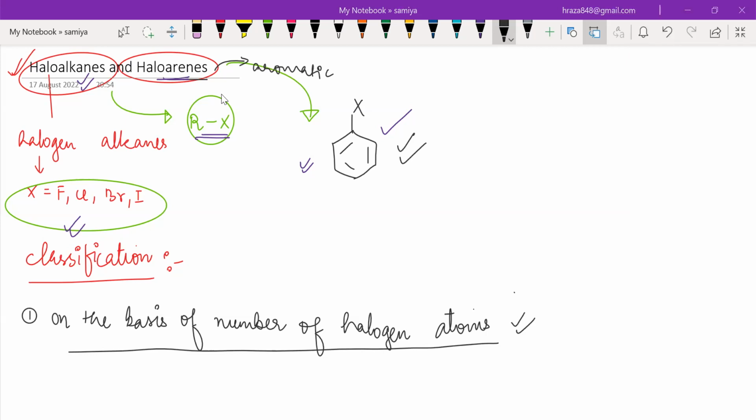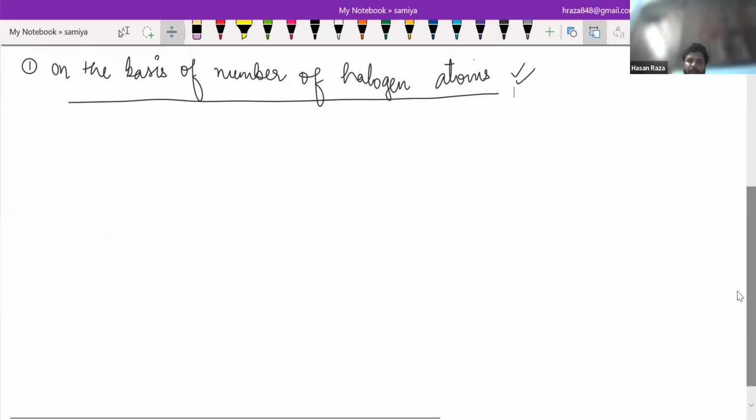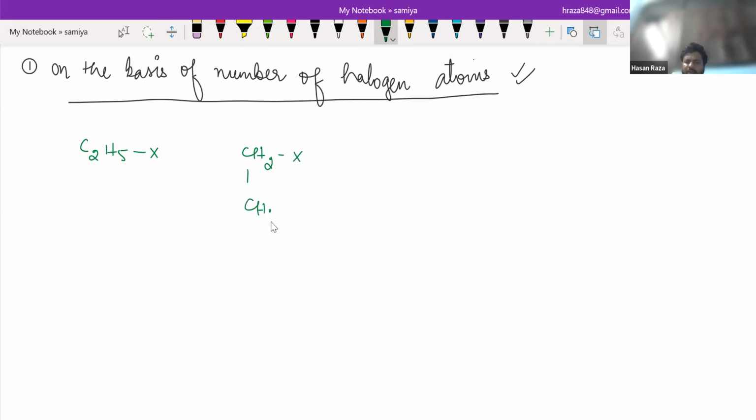Yes, sir. Okay, now you can see on the basis of number of halogen atoms, I am going to classify it. The first one is CH3X if there is only one X, CH2X2 if there are 2 X, and CHX3 if there are 3 X, where X represents halogen.